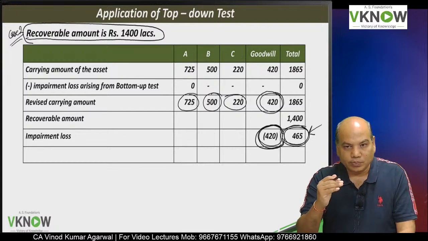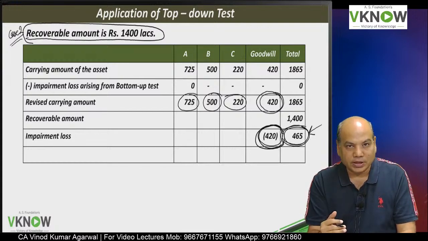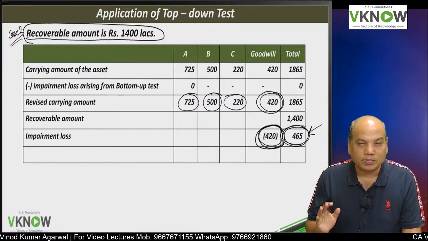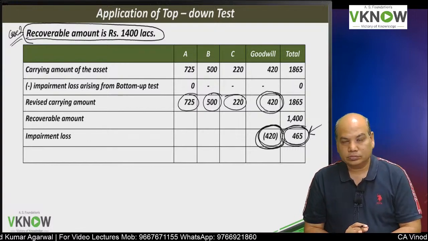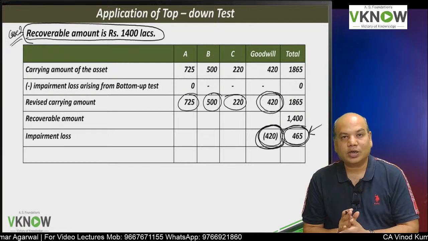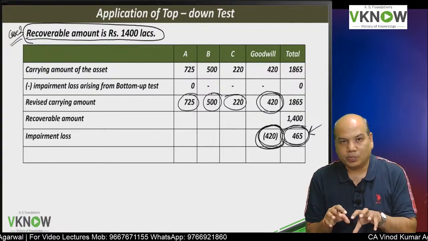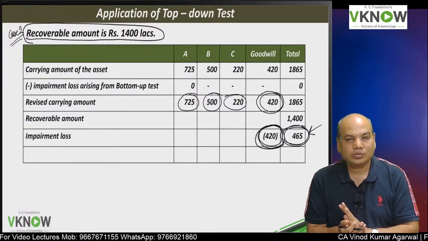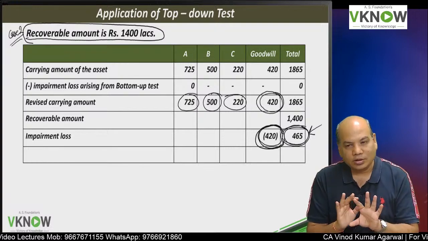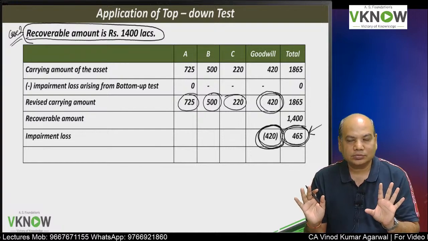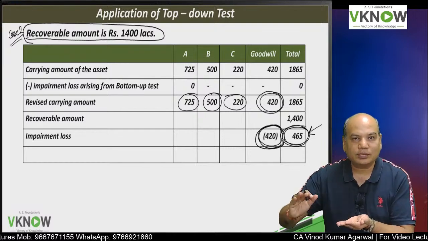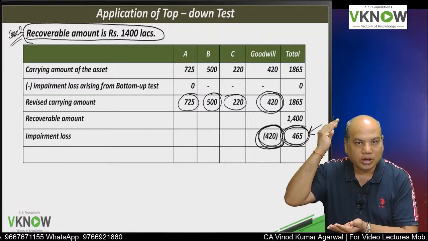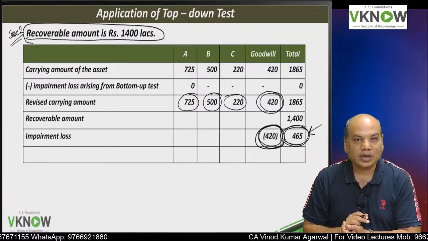So if they have not been impaired in the bottom up test, there is no need to further allocate impairment loss, because in the bottom up test, whatever impairment loss we could have allocated, we have allocated. Whatever haircut we had to give, we have already given. No hair left, so no further haircut.